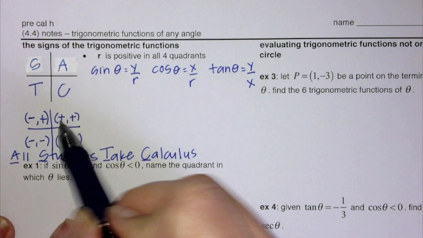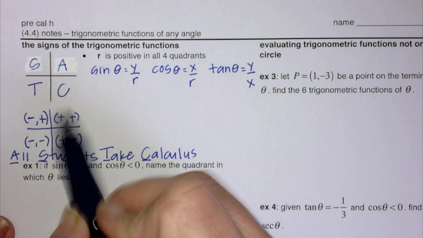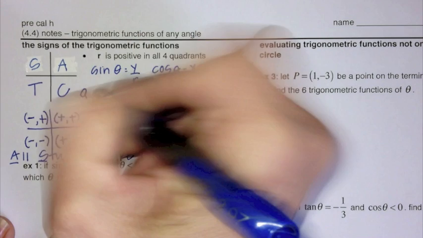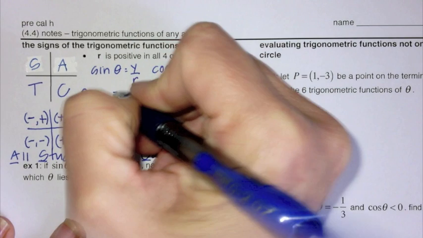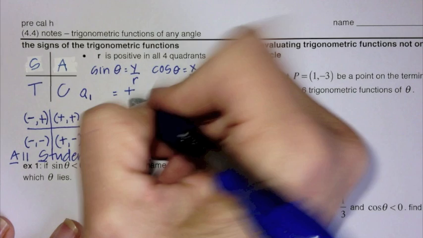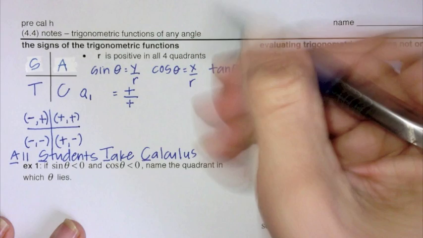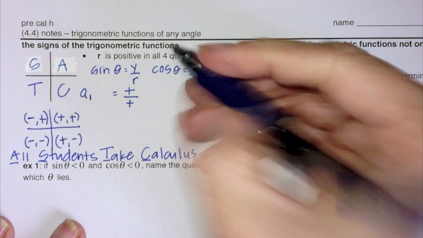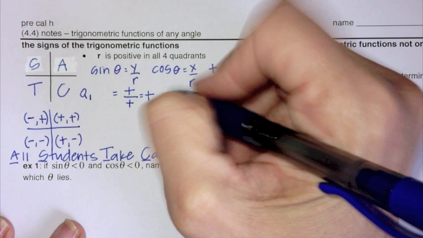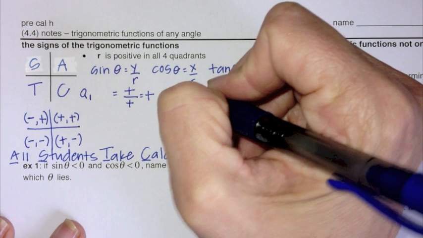So if sine is y over r, if you look at this right here, the x is positive and the y is positive, because that's true in quadrant 1. So if I'm in quadrant 1, then I'm going to have a positive number from the y value divided by a positive value, because r is always positive, and a positive divided by a positive is positive. So let's move on to cosine in quadrant 1.